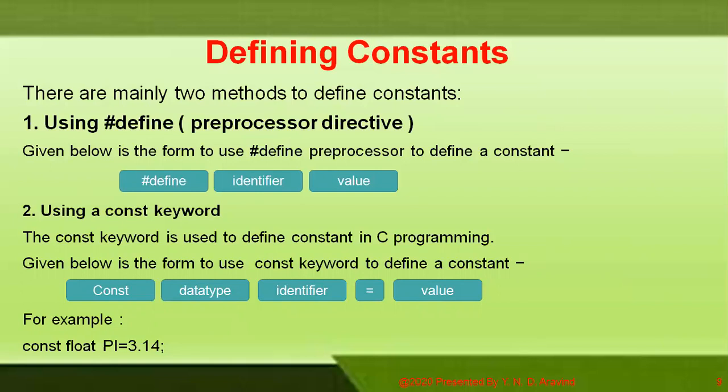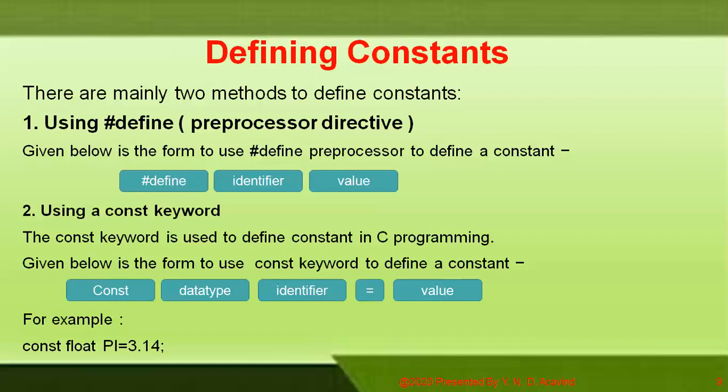By using the #define preprocessor directive, it must be defined at the beginning of the program, because all the preprocessor directives must be written before the global declaration. We use the following syntax to create a constant using the #define preprocessor directive, that is: #define space identifier space value.